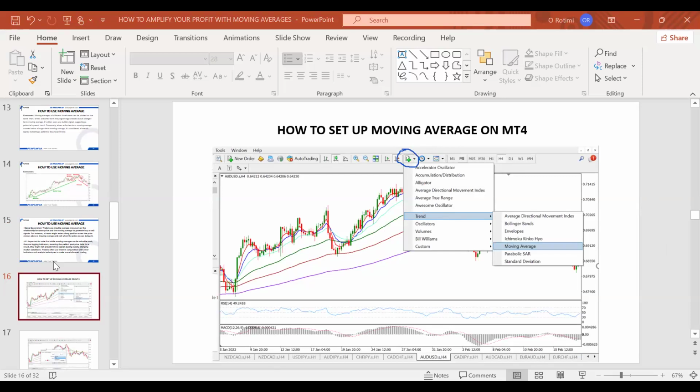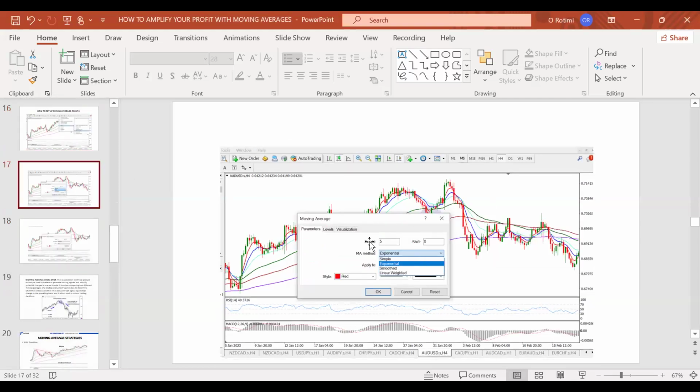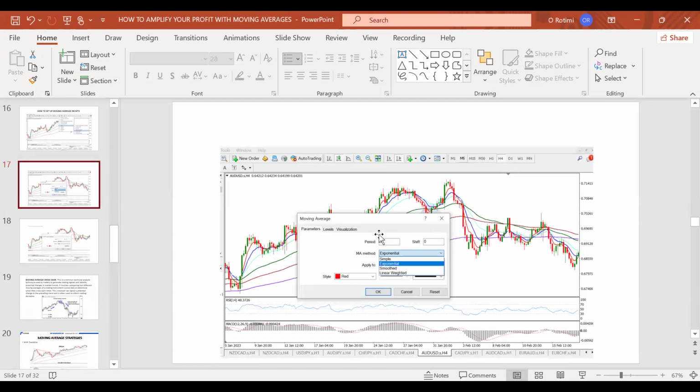Now, once you've accessed the moving average on your chart, the next thing you want to do is go to how you can make use of it. Then you go to this other panel here where you can now select. When you click on the moving average, this panel here will appear where you select the type of moving average. Remember, there are four: simple moving average, exponential moving average, smoothed moving average, and the linear moving average.